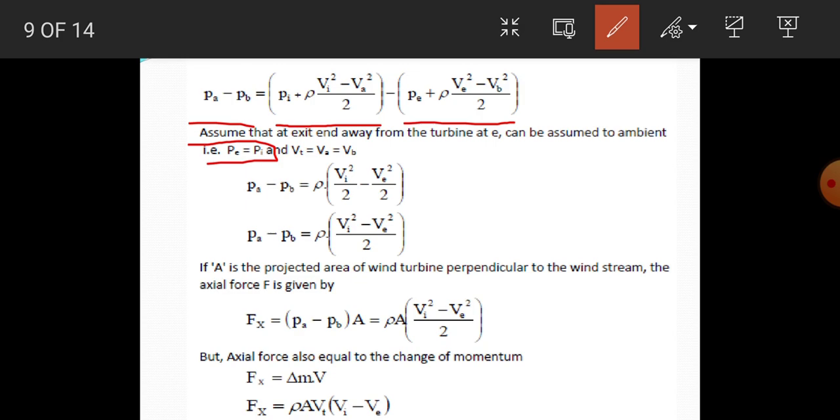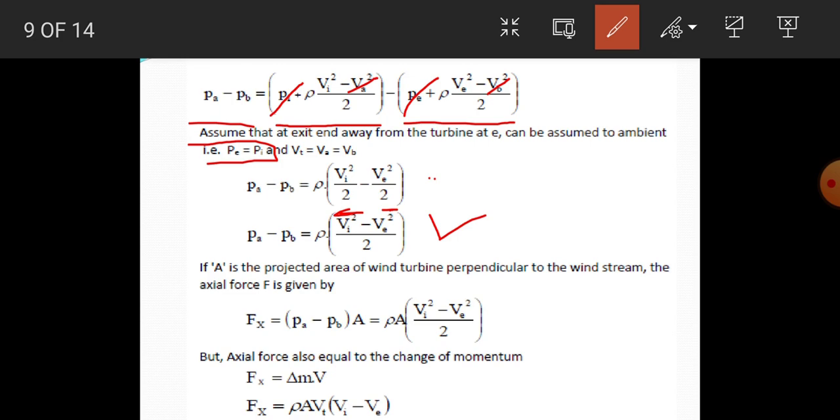So PI and PE will get cancelled out, we are left with rho as a common factor, and VA and VB will get cancelled out. So we are left with PA minus PB is equal to rho into Vi square minus VE square divided by 2. This is the pressure difference equation, that is the difference between the pressure across the blade, PA minus PB.